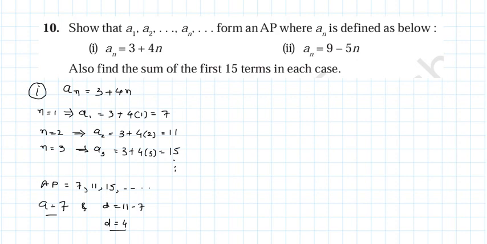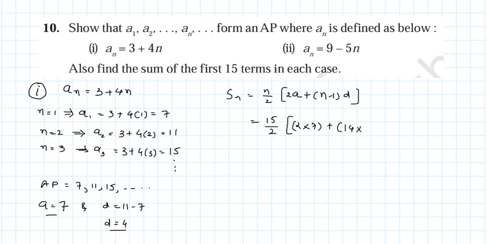Now we have to find the sum of the first 15 terms. So Sn is equal to n by 2 into bracket 2a plus (n minus 1) into d. For 15 terms, that is equal to 15 by 2. a is 7, so 2 into 7 plus (n minus 1), that is 15 minus 1, that is 14, and d is equal to 4.